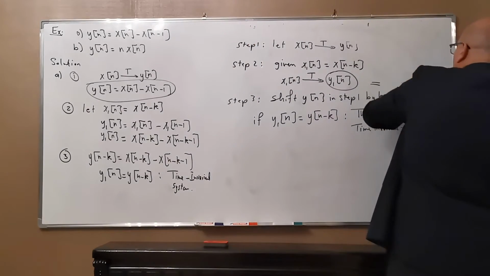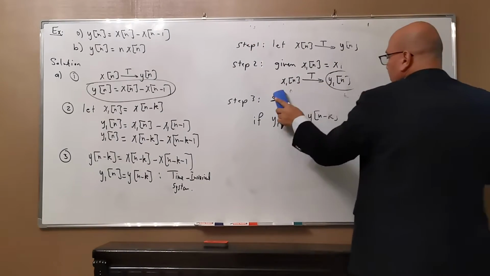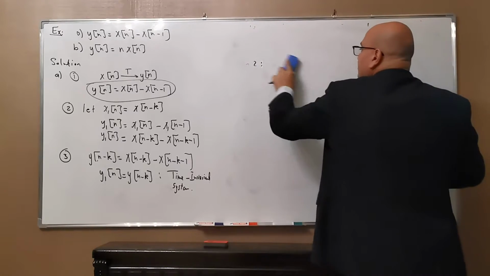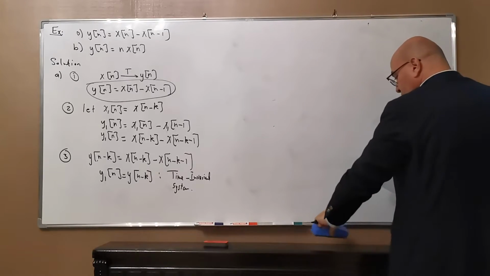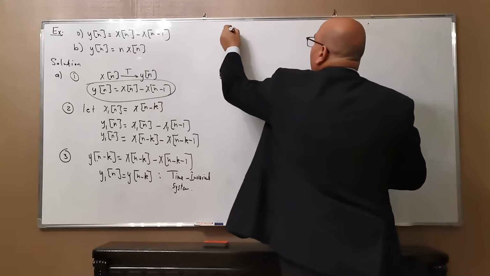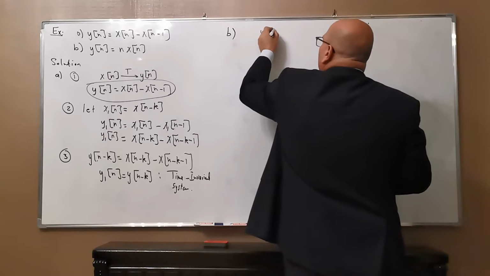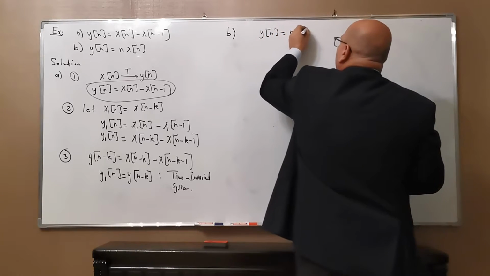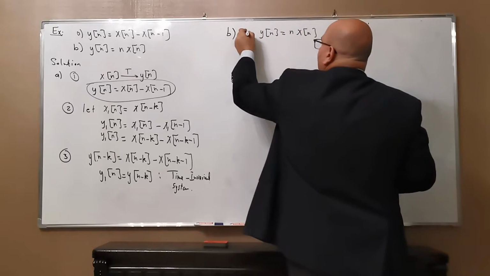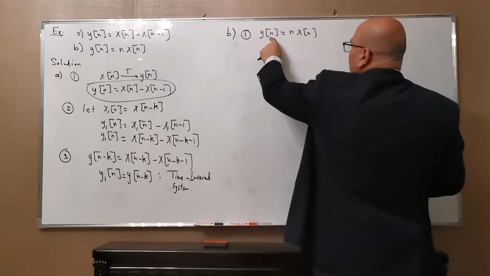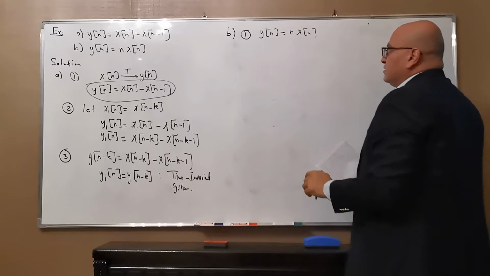Move to the next part, part B of the question. Now for part B, first of all, we have y of n equals n x of n. So this is step number 1, just state what is y in terms of x.